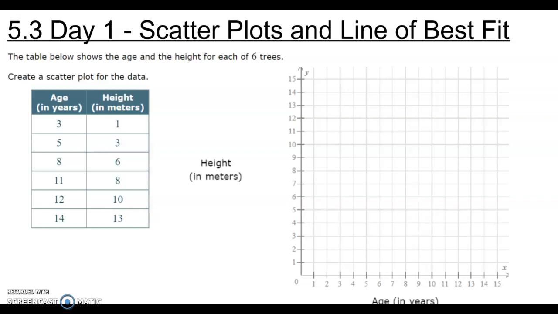Are things trending up? Are they trending down? Do they not have anything to do with each other? The X and the Y variable, things like that. We'll get into that conversation here today and Monday. But really all we're looking at is stuff just scattered on our graph. So that's called a scatter plot. And we're just trying to see what it tends to look like it's doing in general.